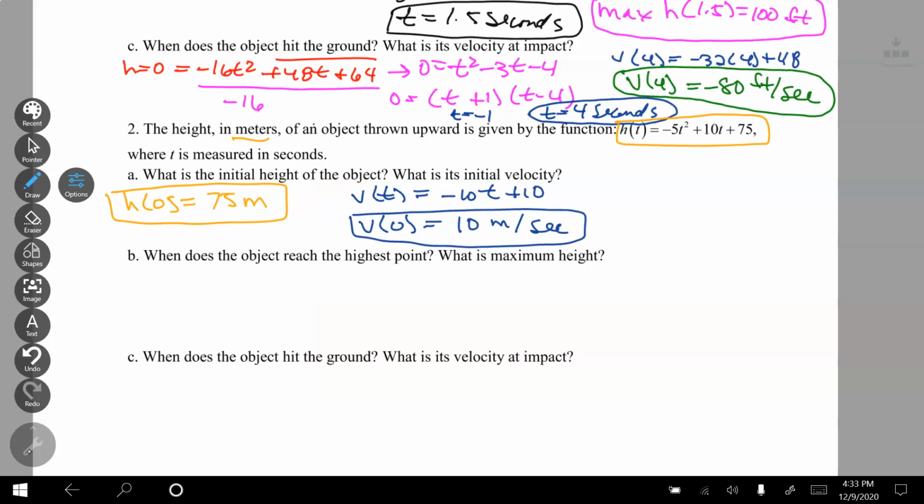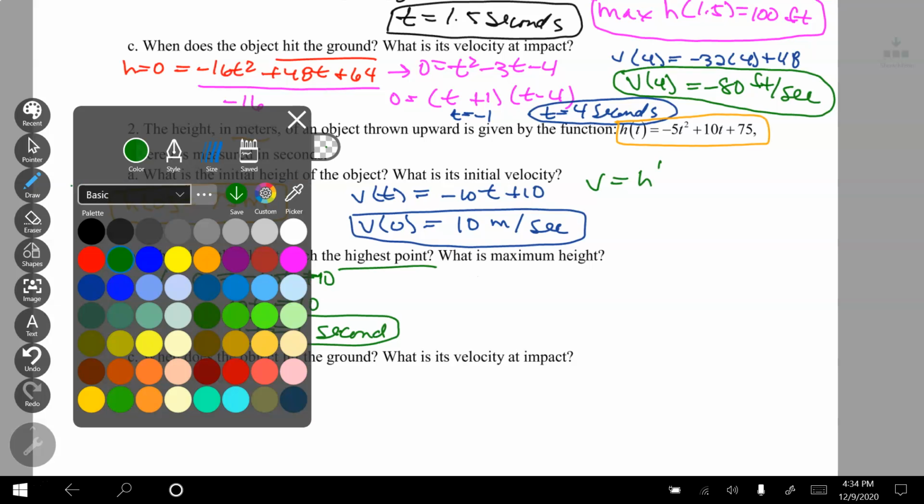Again, v is equal to h prime, because all I have to do is take its derivative. When does it reach the highest point? That's when v is equal to 0, or negative 10t plus 10 equals 0, 10t equals 10, t equals 1 second.